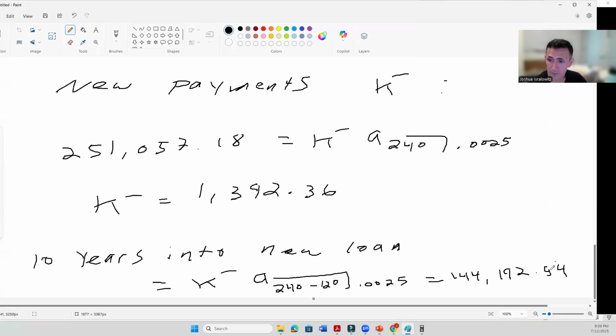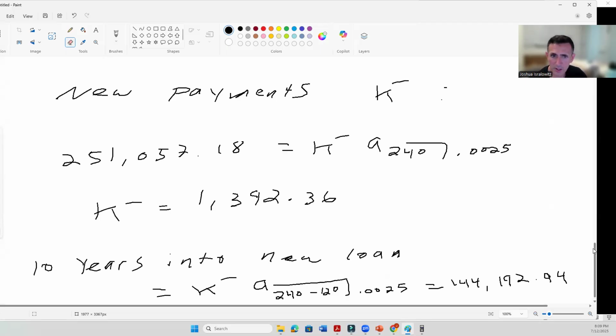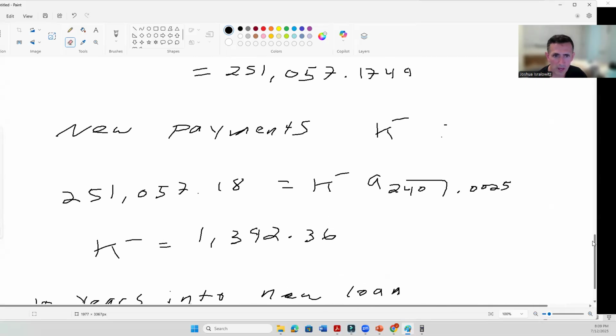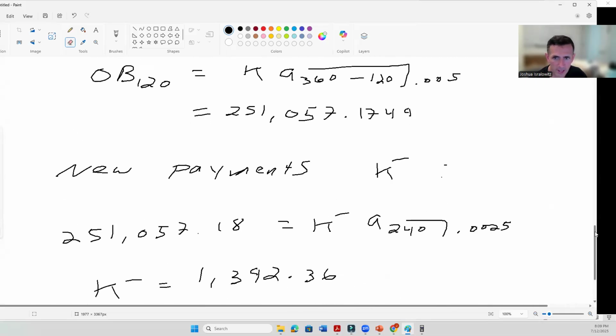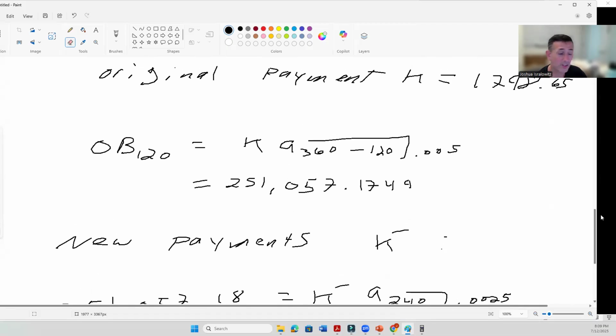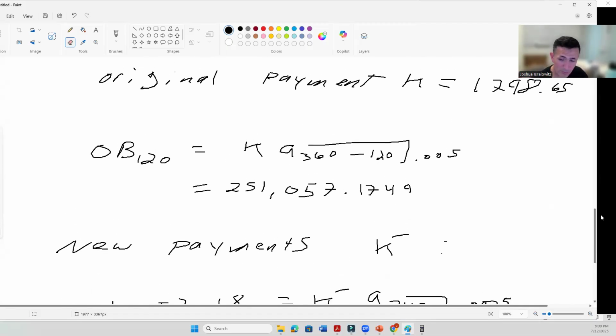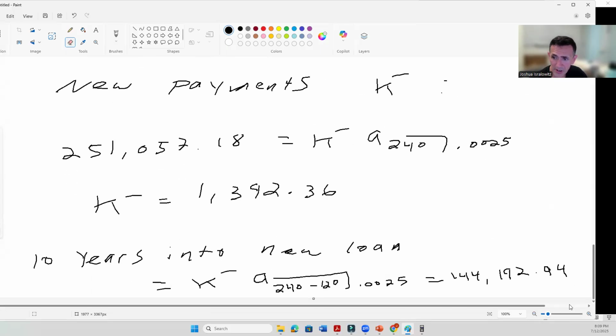Right. So it's not clear how this outstanding balance compares to the outstanding balance if you didn't refinance after 20 years. That's because with this new loan, you're paying a lot less. So in theory, you could hypothesize that because you're paying a lot less, your outstanding balance is more.